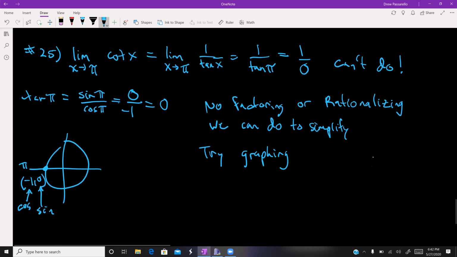All right, and to graph it, I'm focusing on f of x equals cotangent of x. You could write cotangent as 1 over tangent. So that's how I'm going to graph it, as 1 over tangent.